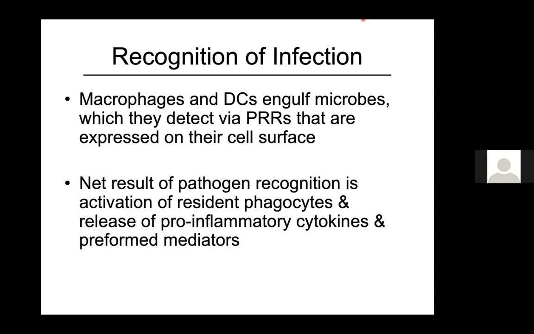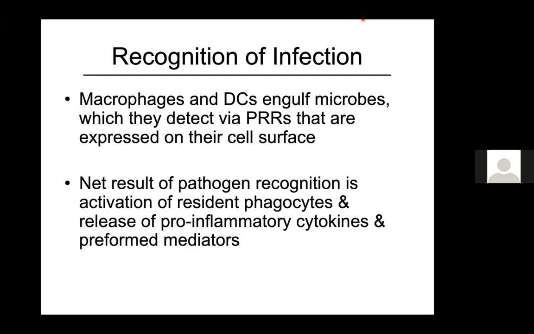So in terms of recognition of infection, how do the macrophages and dendritic cells recognize PAMPs and DAMPs? They use their pattern recognition receptors, because remember, these are molecular structures on the cell surface of microbes, or changes that occur on a host cell surface.